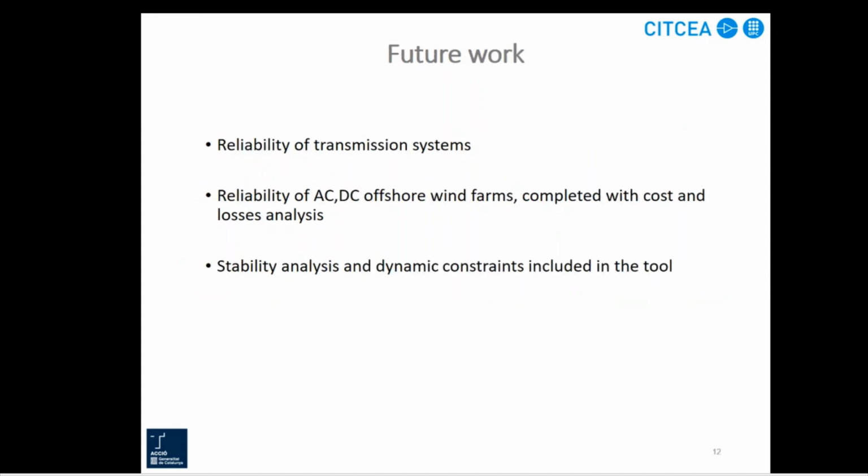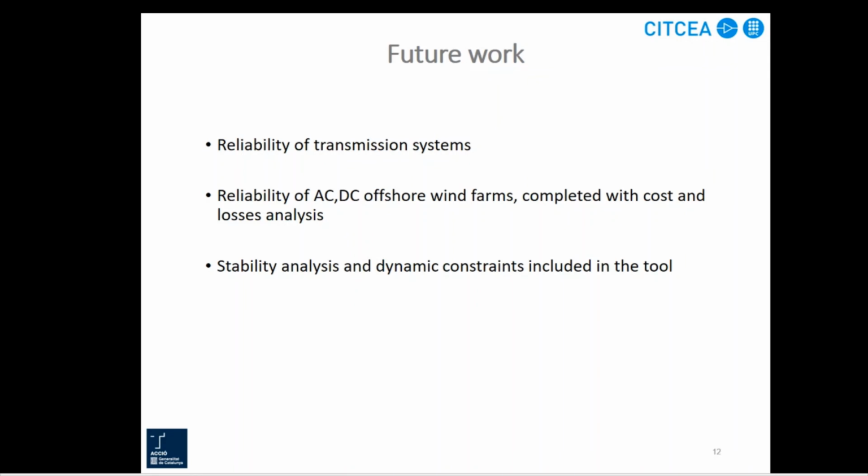About the future work, which will also be one of the hard tasks, I believe, there is one key point that will influence a lot the total cost of these transmission systems, which is the reliability of the transmission systems, which must be included, as there will always be some energy not served to the shore due to the availability of the components. The next step, as I said, is also including AC and DC offshore wind farms.